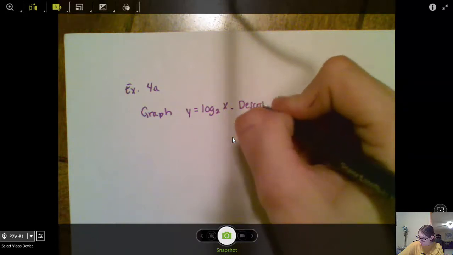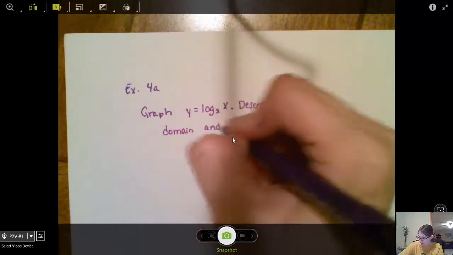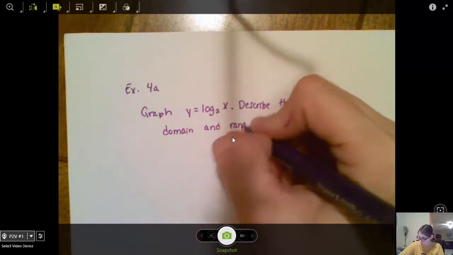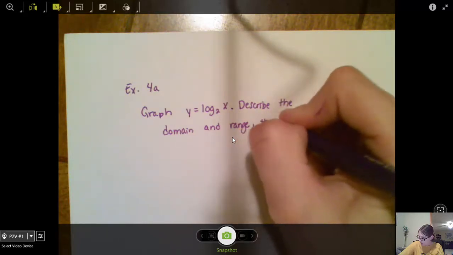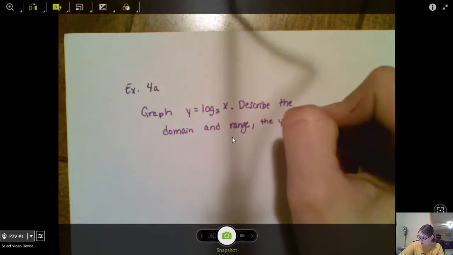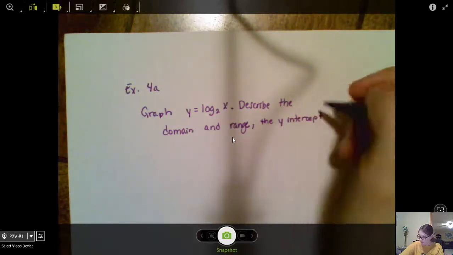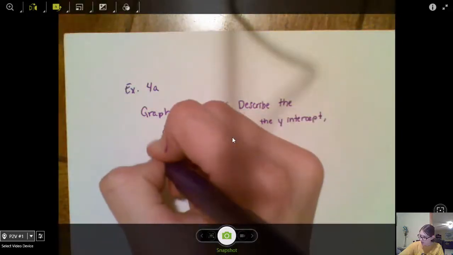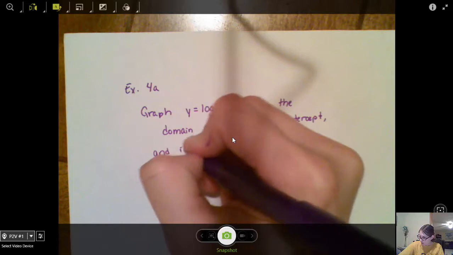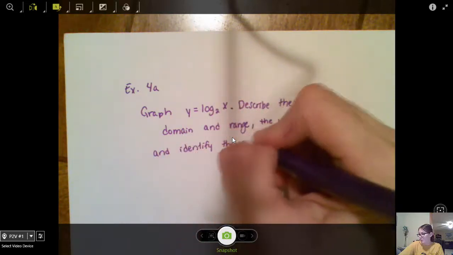And then we also are going to describe the domain and range, the y-intercept, and also identify the asymptote.